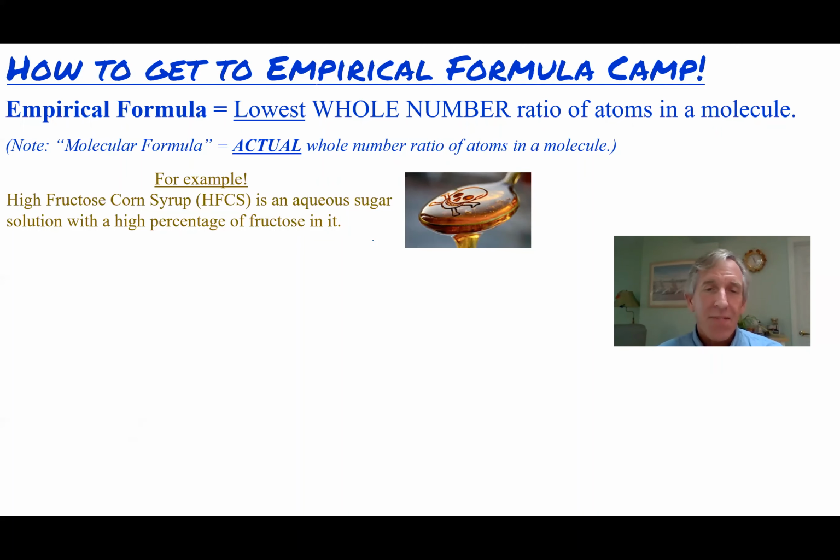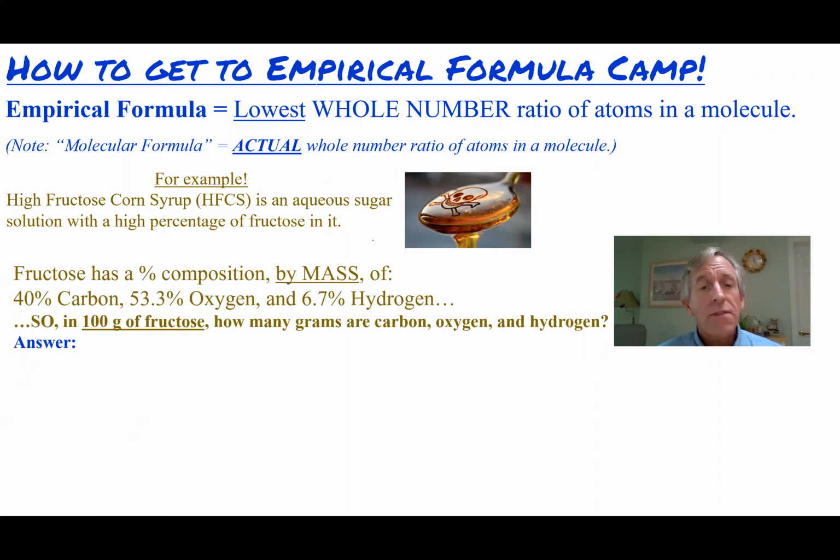But that aside, what if you were given this information about the fructose that is the main component of the high fructose corn syrup? Okay. What if you were told that this fructose was composed of 40% carbon, 53.3% oxygen, and 6.7% hydrogen by mass?